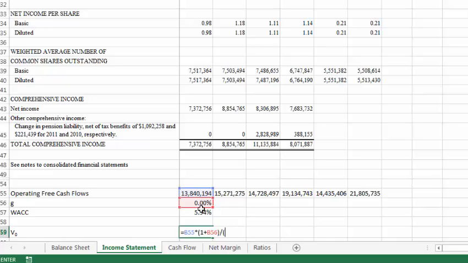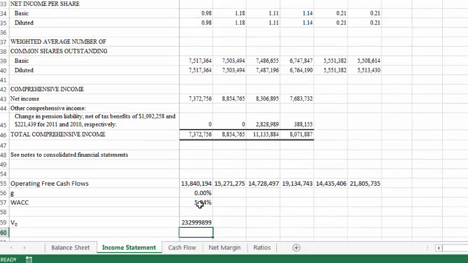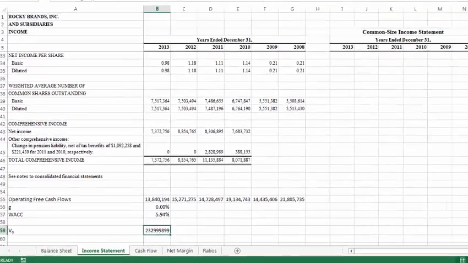Okay, so I'm going to do that divided by the weighted average cost of capital minus g, I know that's just the same weighted average cost of capital, which gives me a big number, thank heavens.